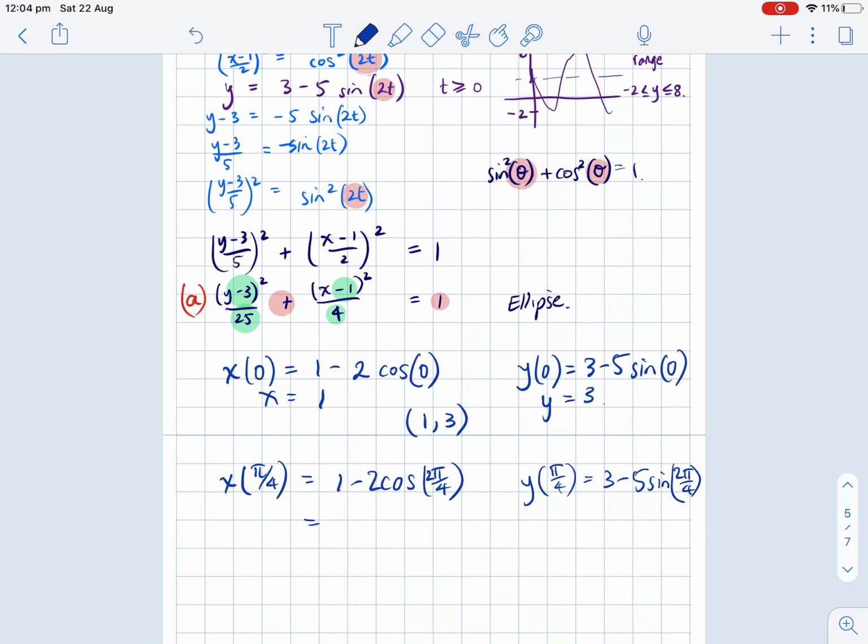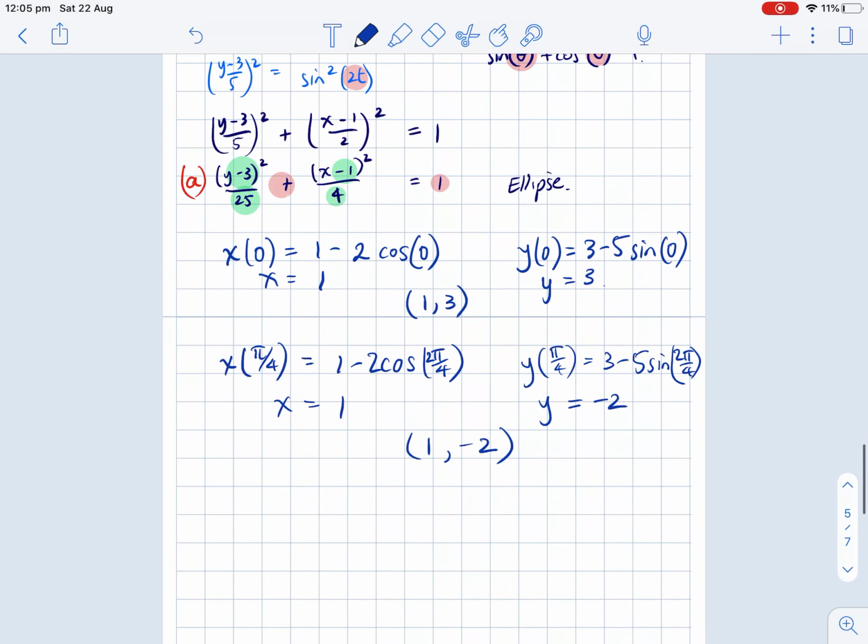And then this is equal to cos of pi on 2, and cos of pi on 2 is 0, so that gives me the x value of 1. And sine of pi on 2 is 1, so 3 minus 5, y equals negative 2. So I've got a coordinate 1, negative 2.